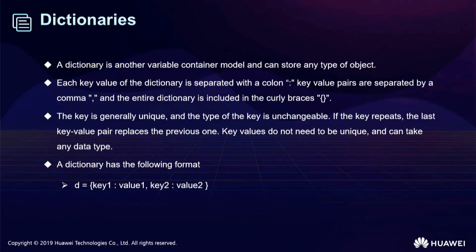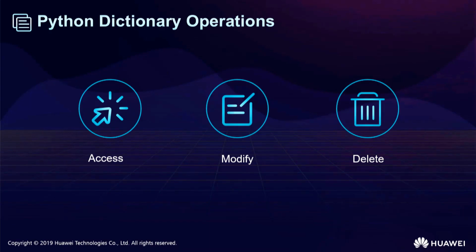So a dictionary's format is just like that. It has a key, its value, and another key and its value, mapping the key. For example, if we store data about a person, it has an age and a name. You also can access, modify, and delete elements in dictionaries.